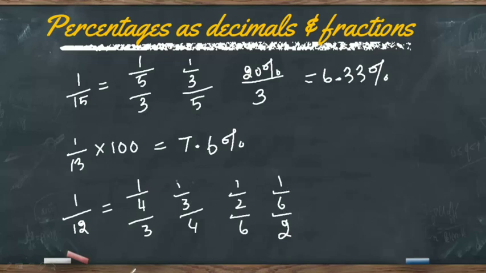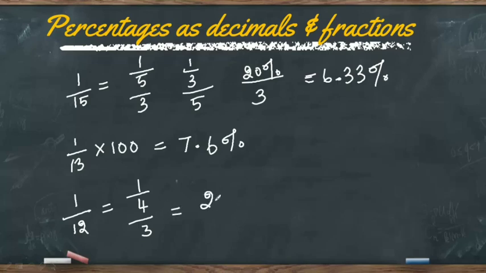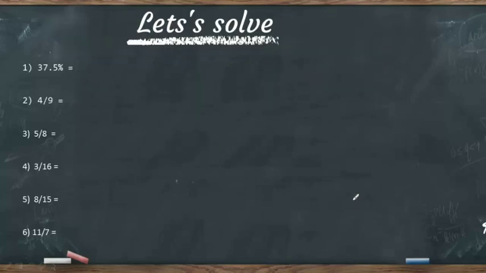So let me just take 1 by 4's value, which is nothing but 25 percentage. So it is nothing but 25 percentage by 3, which will give you 8.33 percentage. So this is how we calculate the percentages in terms of decimals and fractions.